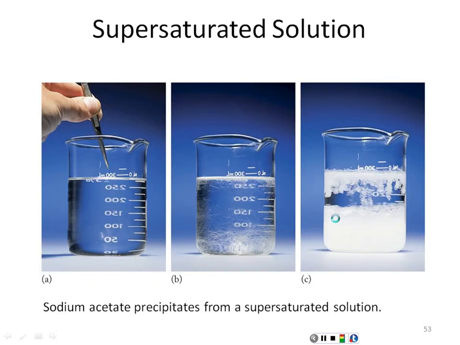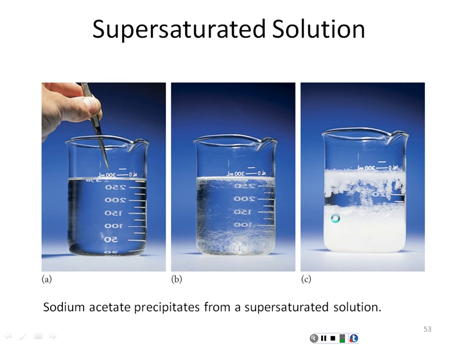A supersaturated solution, well, how would you end up with that? One way is you'd heat your solvent, since solubility changes with temperature. So you could heat your solvent up and thus dissolve more of your solute in it, and then as it cools down, if it's in a very smooth container, it becomes a supersaturated solution.